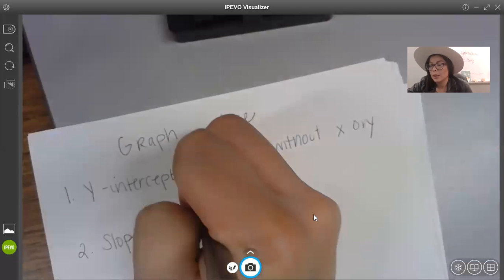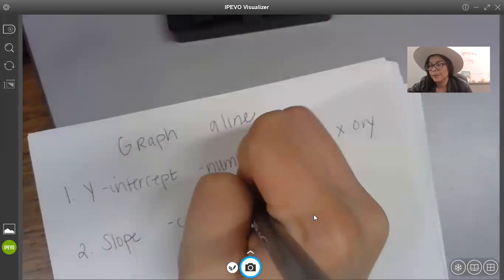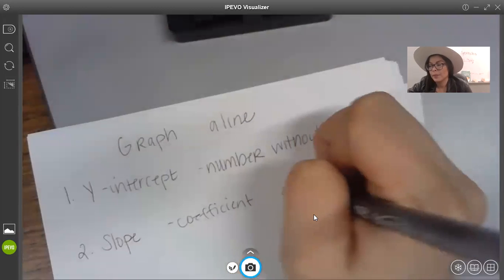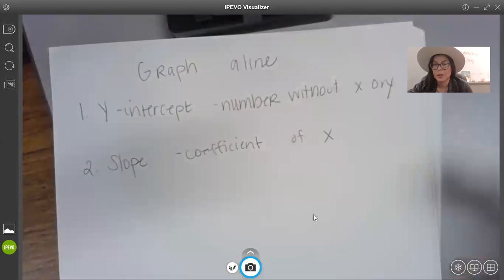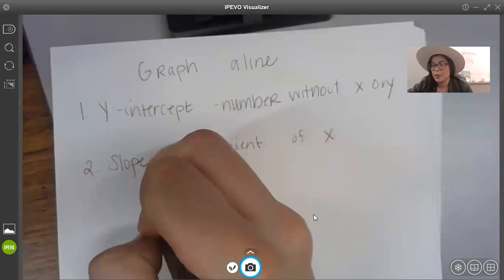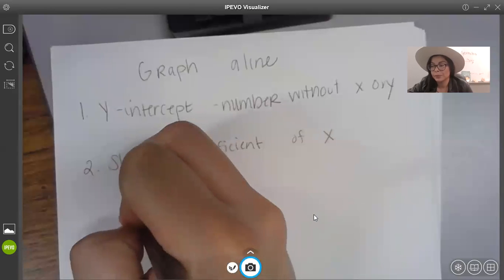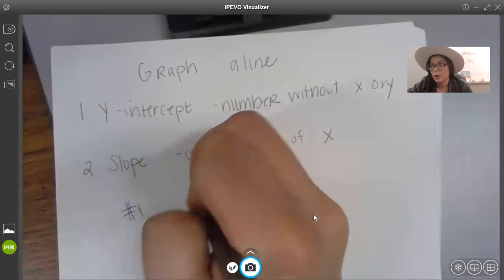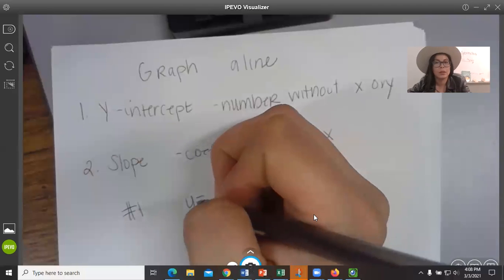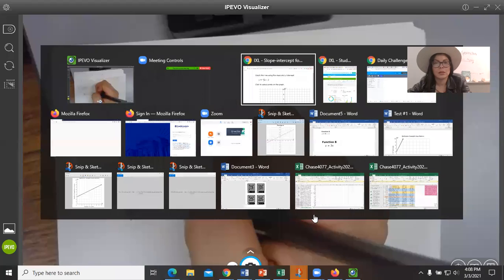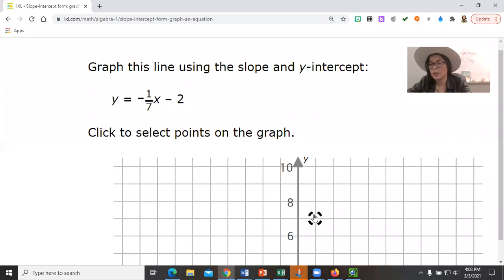So that means it's the number in front of the x. So, for example, in the one that we have right now, it's y equals negative 1 over 7x minus 2.